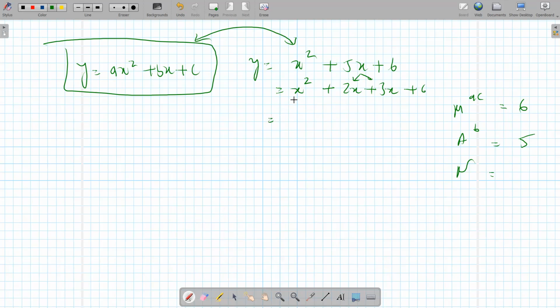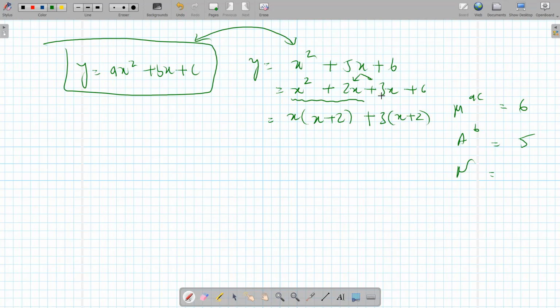And then we factor two things at a time. What can we pull out from the first two terms? An x. What are we left with? x plus 2. What can we pull out from the next two terms? A 3. What are we left with? x plus 2.